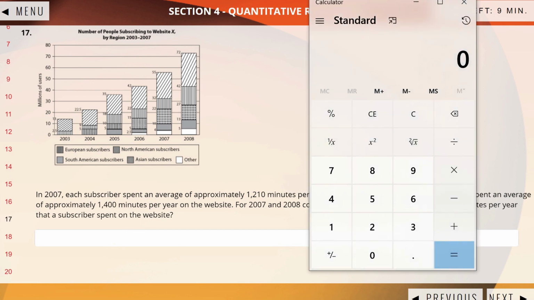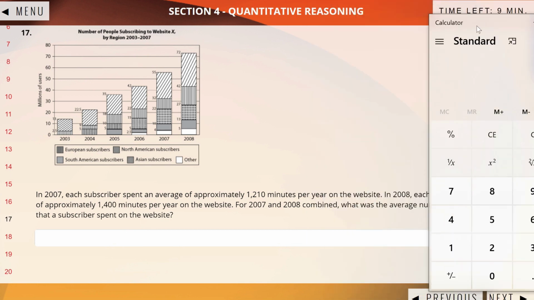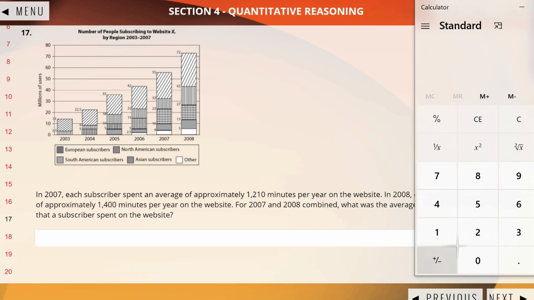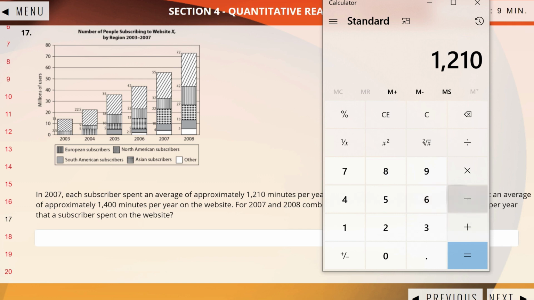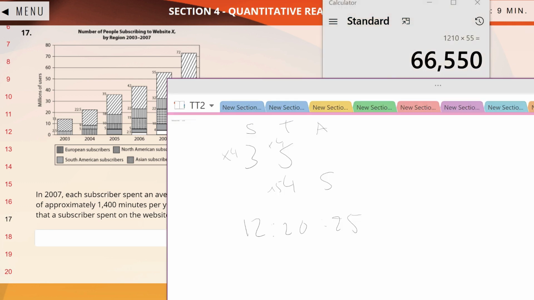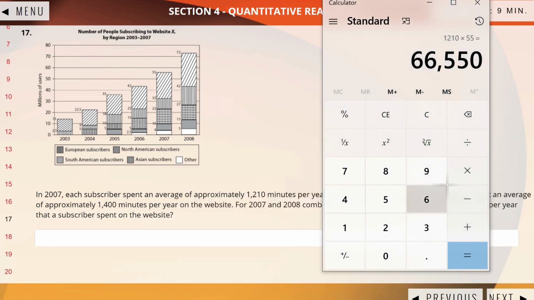We've got to find the total minutes in 2007. The total minutes was an average of 1,210 times by how many there were, which is 55. I've got to write that down, 66,550. 2008, we've got to find the total. It was an average of 1,400 times, not divide, times by 72, because there were 72.